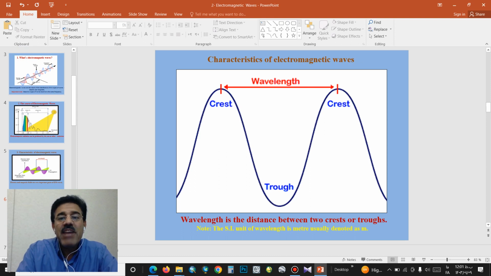And wavelengths. Wavelength is the distance between two crests or troughs. Note: the SI unit of wavelength is meters, usually denoted as m.